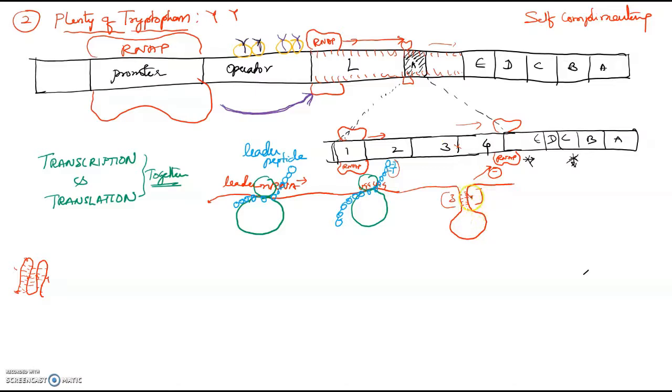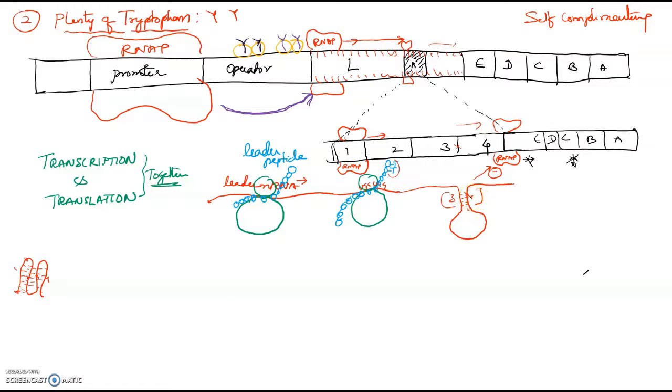This 3-4 hairpin bend will inhibit RNA polymerase from polymerizing further, and it will not synthesize those 3 enzymes, and tryptophan is not formed from chorismate. So two mechanisms: one is blocking the operator, the second is attenuation, forming a 3-4 hairpin bend.